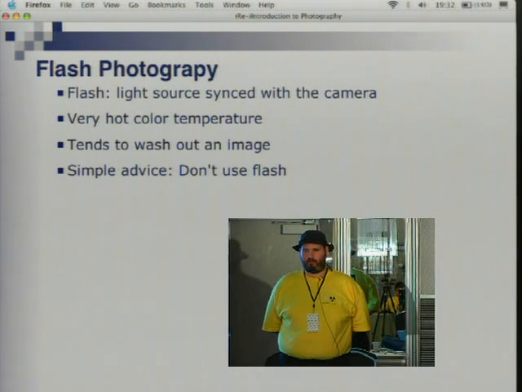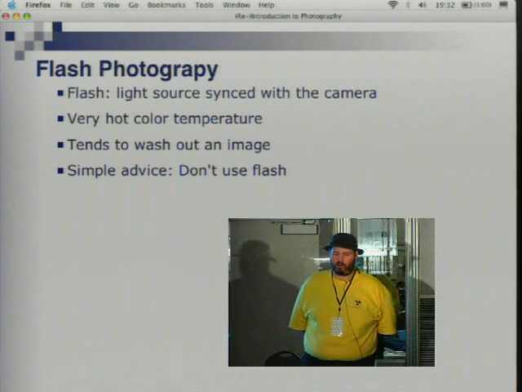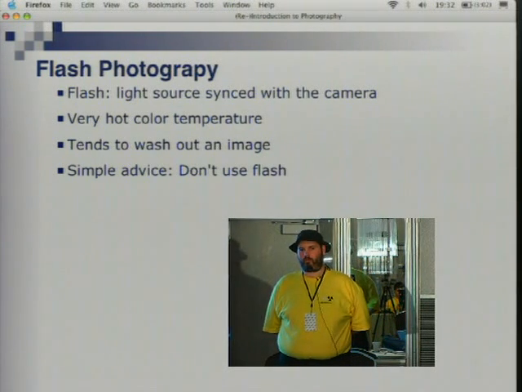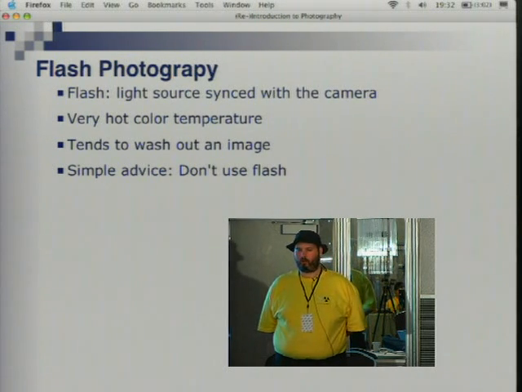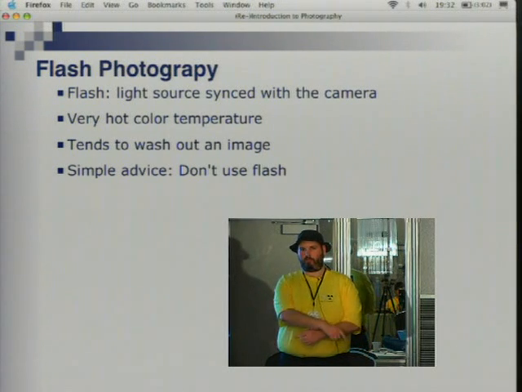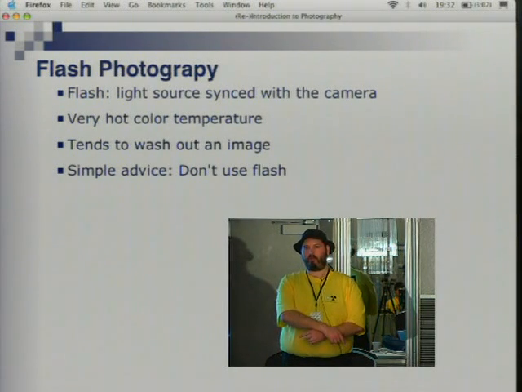Here's the great news. Most cameras won't let you set it in a state where it won't work. Thus, you don't have to worry about it much. But if you're wondering why your camera with the flash on won't go over 1/200th of a second, or 1/100th of a second, or some other arbitrary number, when you take the flash off, it goes to a much faster shutter speed. That's why.